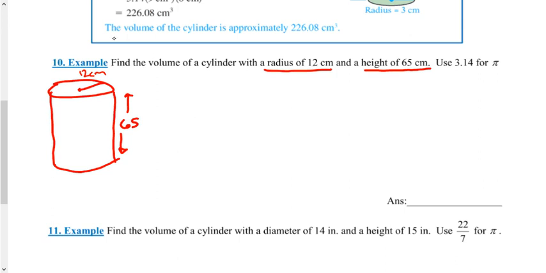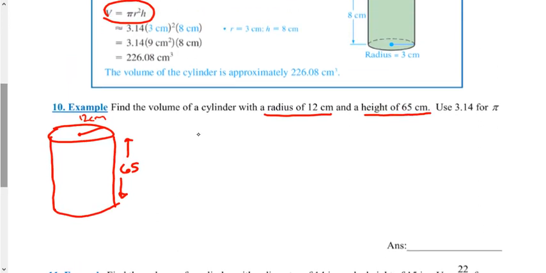Okay, I know that my formula, which is provided up there, is just volume equals pi r squared, so the area of the circle, and we'll take that times the height. Okay, so 3.14 times 12 squared times 65.